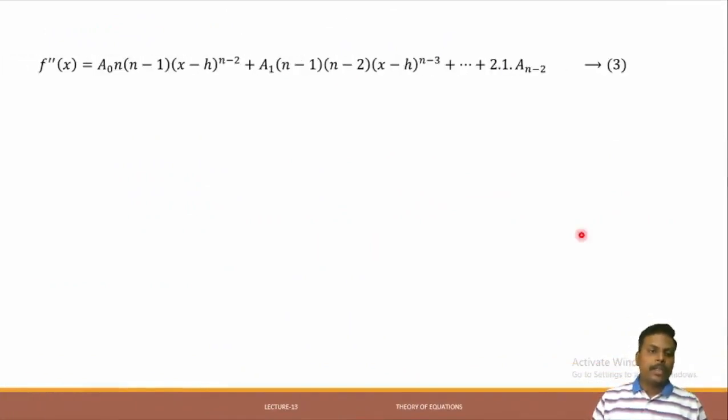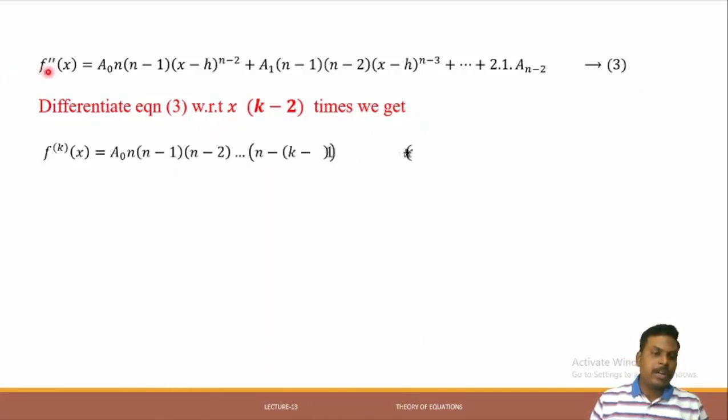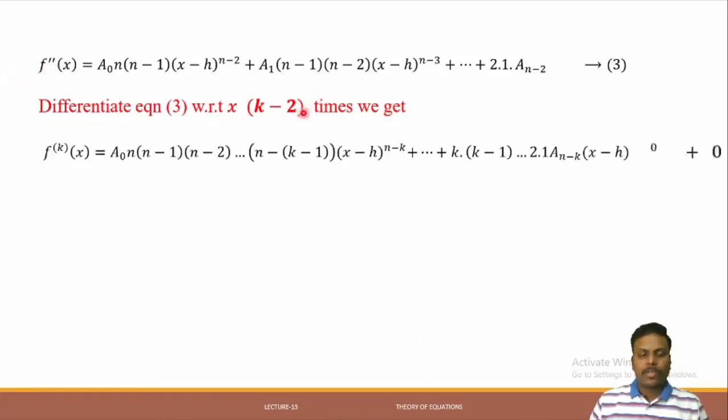Let f''(x) be equal to a_0 into n into (n minus 1) into (x minus h) to the power n minus 2, plus a_1 into (n minus 1) into (n minus 2) into (x minus h) to the power n minus 3, and so on, up to 2 a_{n-2}. So differentiate equation 3 with respect to x k minus 2 more times. Already it is differentiated 2 times, so if we differentiate k minus 2 more times, we will get the kth derivative of f(x).